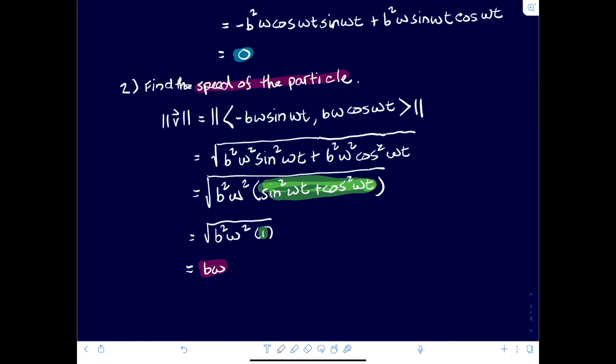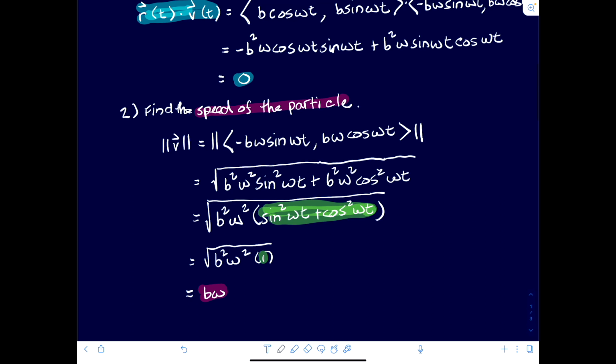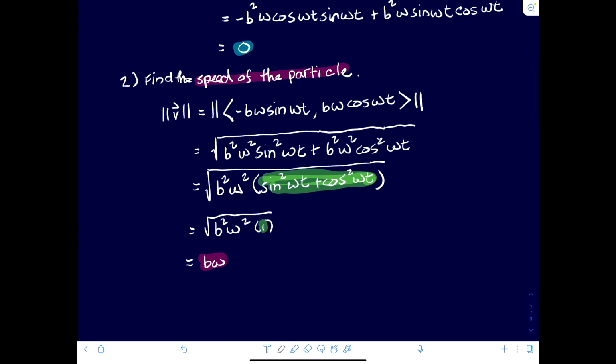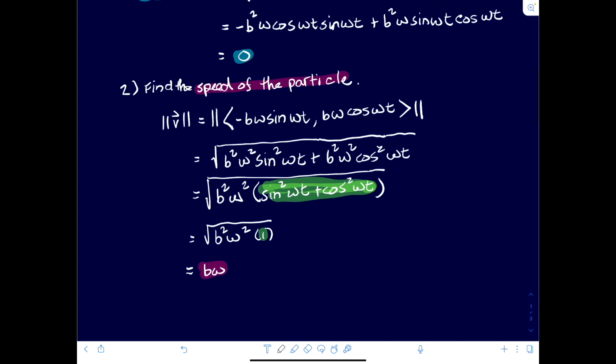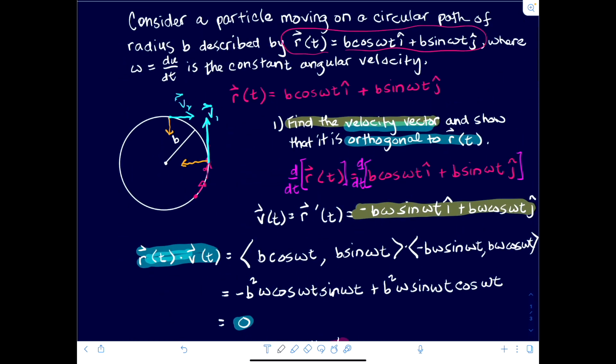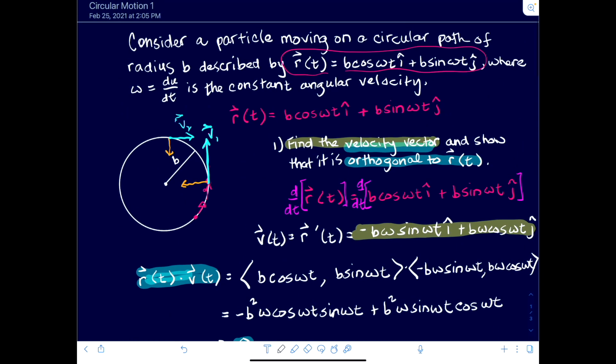And so what ends up happening, all right, so the speed of the particle is b omega, constant, right? So as your angular velocity increases, your speed increases, right? So we found that out. We've also found that the position vector at time t and the velocity vector at time t are perpendicular, right?